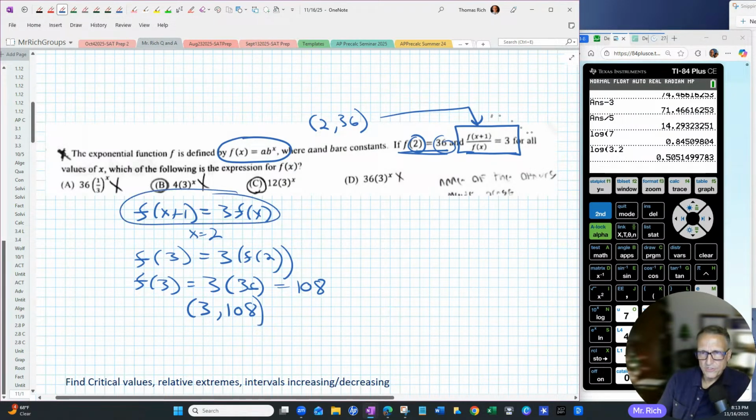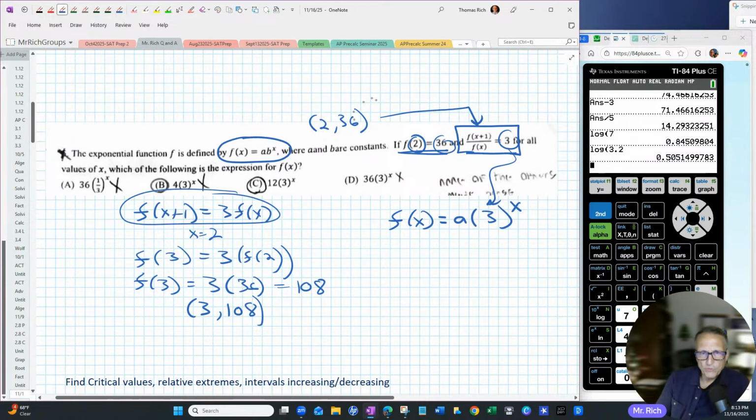So this is just a way of saying that the base of the exponential is going to be 3. It's what we call the common ratio when we were talking about geometric sequences. So we really know that f of x is equal to a times 3 raised to the x power, because of that 3 being that value right there.